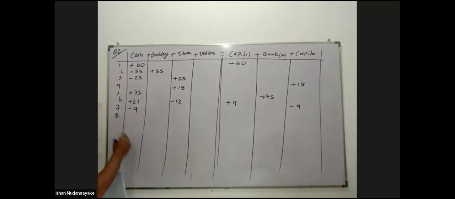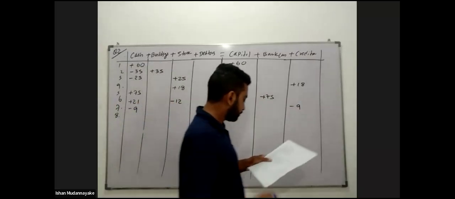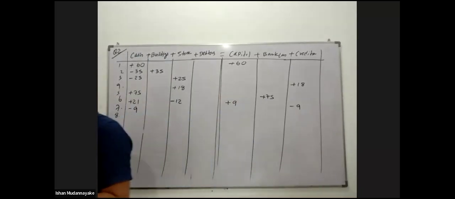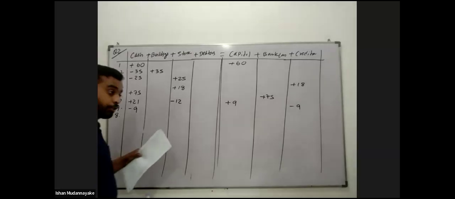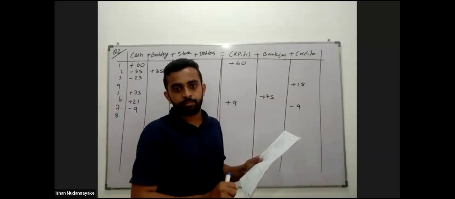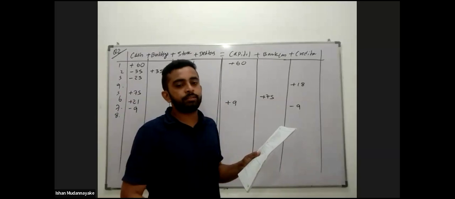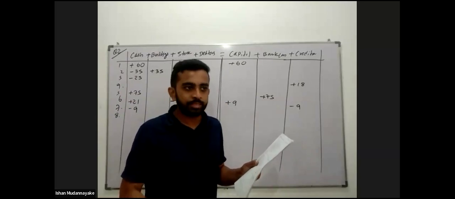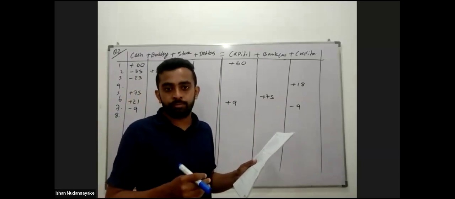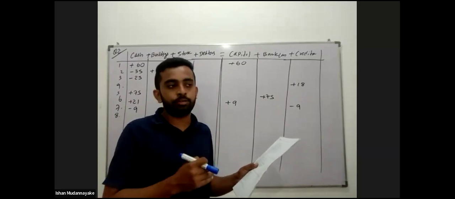Transaction number 8. A trade stock costing 9,500 was sold for 17,000 on credit basis. The purchase price of the stock is 9,500, sales price 17,000. If you have a business and you purchase stock, when you sell that stock you add a profit.